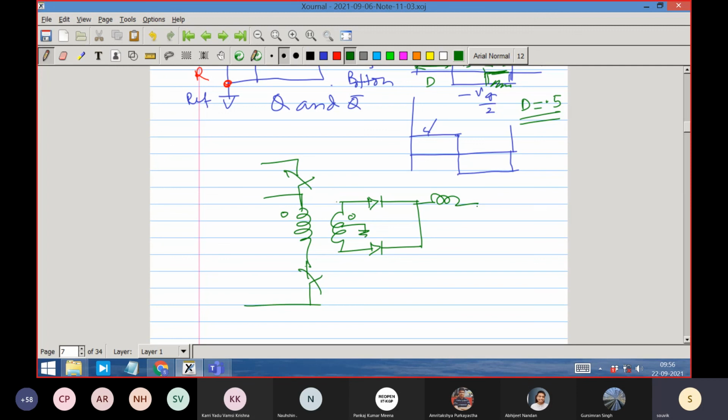They will also work as a freewheeling thing. This is L, C, and R. If a positive voltage is applied, then the voltage here is plus minus, and this voltage is also plus minus. So this diode is reverse biased, and this diode is forward biased.